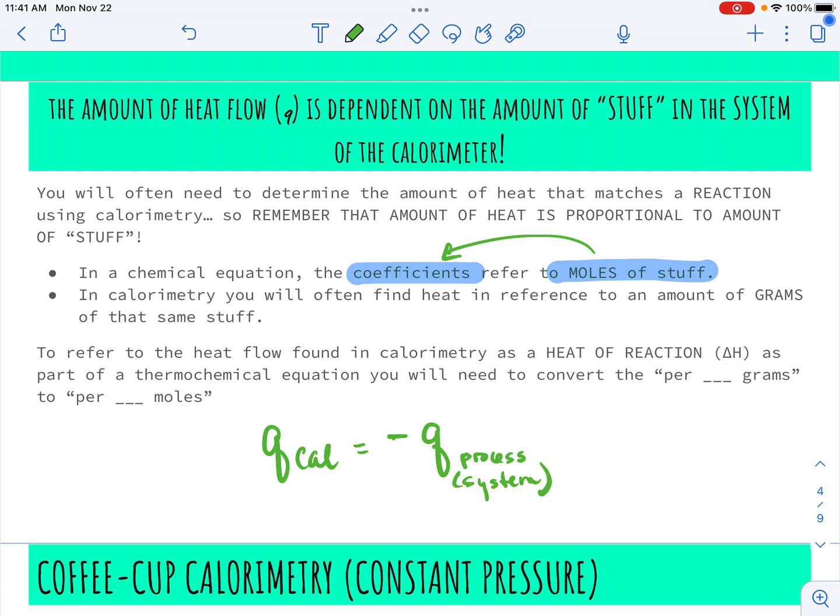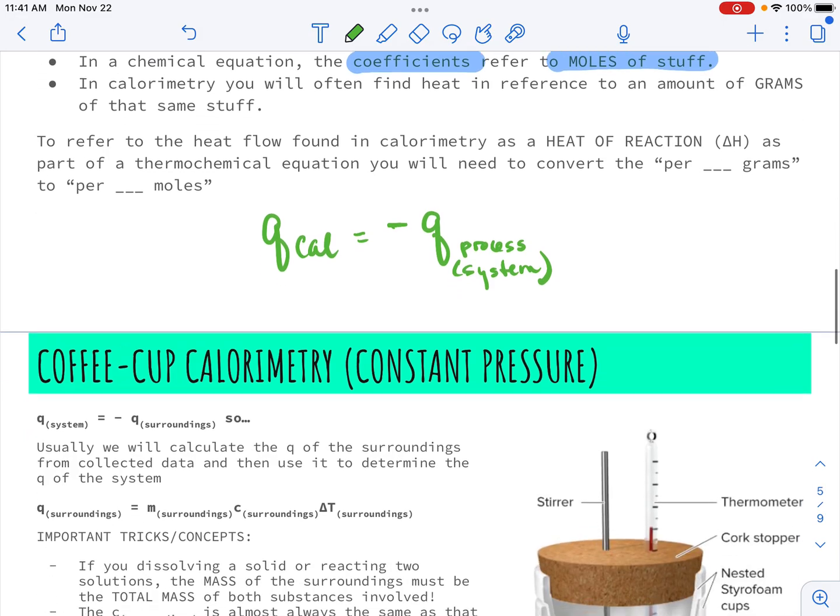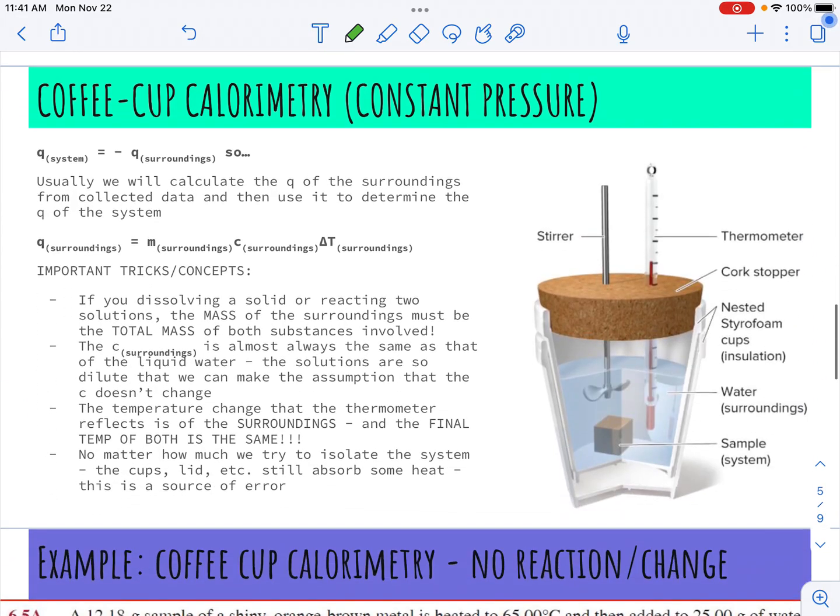We also always make the assumption that there's no heat lost or gained, and this is a really big source of error. So let's talk about coffee cups first. I think that they're trickier, so we might as well get the harder part out of the way. Like I just said, Q of your system is equal to the negative, exact same size but different sign, of the Q of the surroundings. And we will calculate Q of the surroundings from the data that we collect.